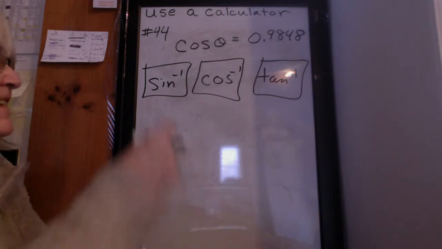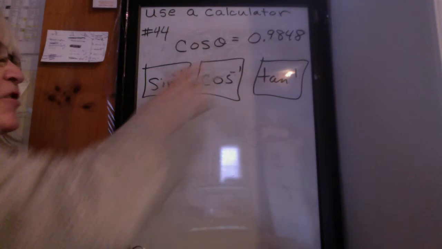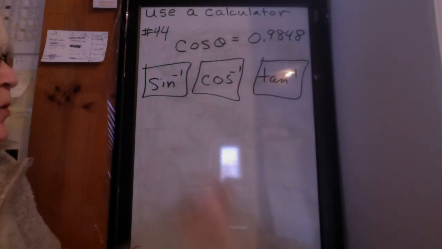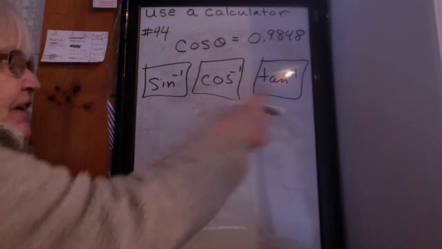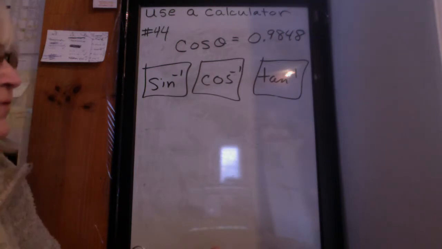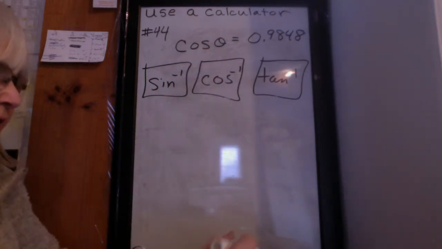What it does is it gets you the angle, or it gets back to the angle when you know the decimal equivalent of that angle. So which key do you think I'm going to use for this one if I want to find the angle when I have the answer to the cosine of some angle? Again, that's cosine, so I'm going to use the cosine -1 key.